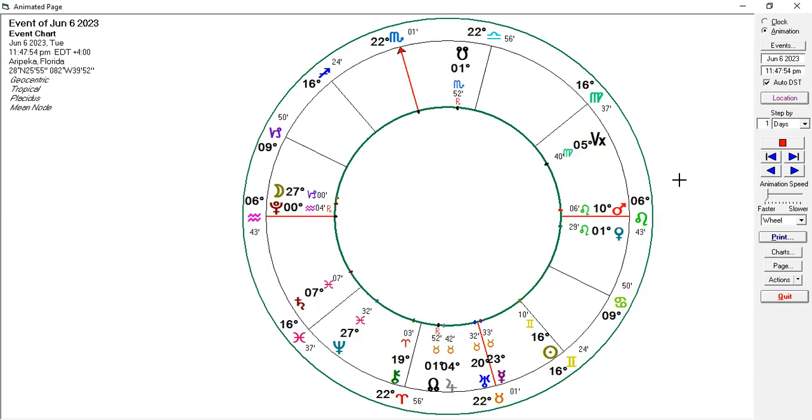Then she's going to come up and square Jupiter. So there are some intense things that our values, what we value, have to face. I say she like it doesn't pertain to any of us, right?